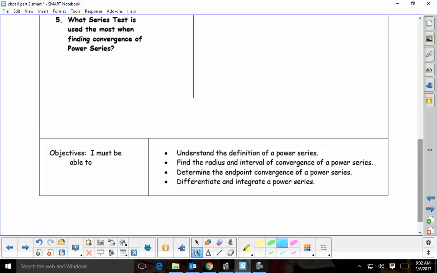But what we're going to do is we're going to understand the definition of a power series now. This is not just a series. Power series has x's and n's. So basically, let's say that I had this 1/2 to the n as n starts at 0 and goes to infinity.